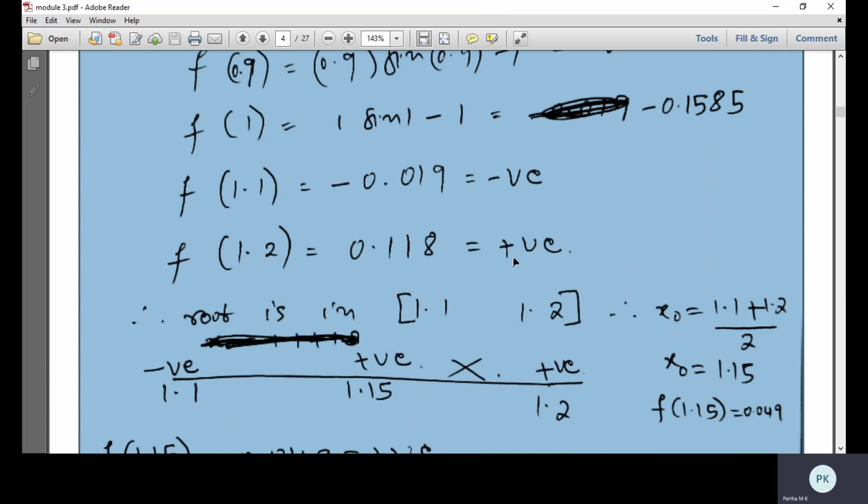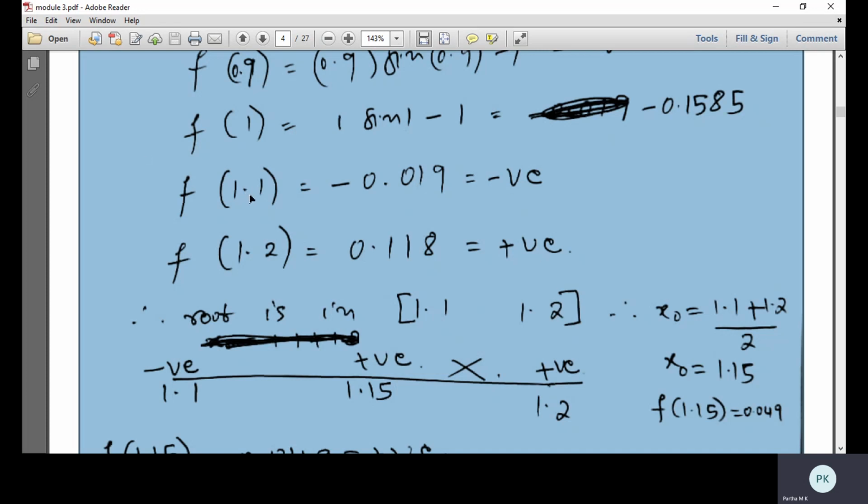When the problem is given, you may choose 100 numbers. That is different. You are choosing a very small interval. Observe 1.1, 1.2. How should be that interval? For one value, you should get positive. For another one, you should get negative. For 1.1, negative value. For 1.2, positive value.